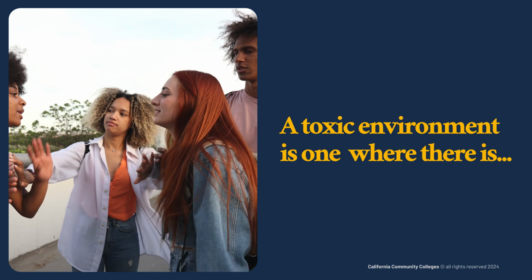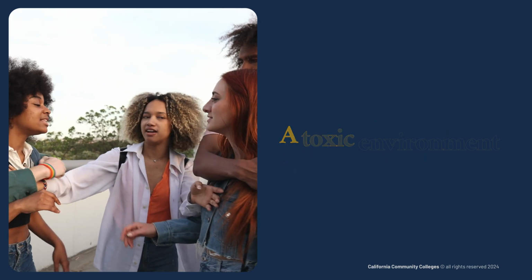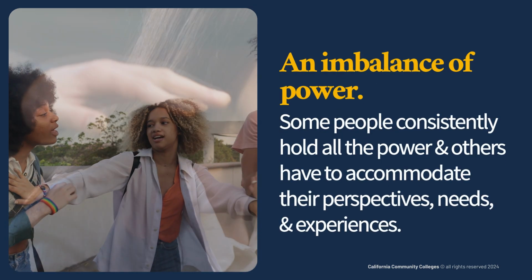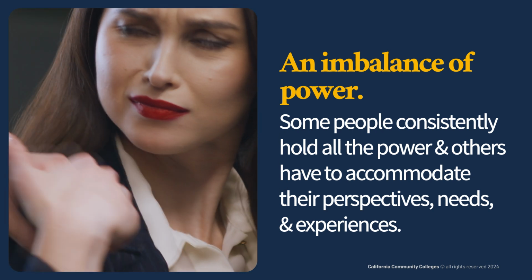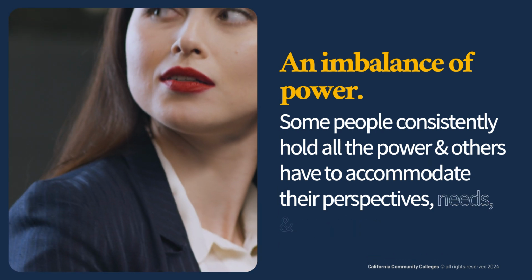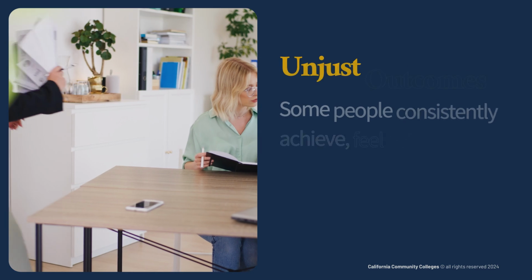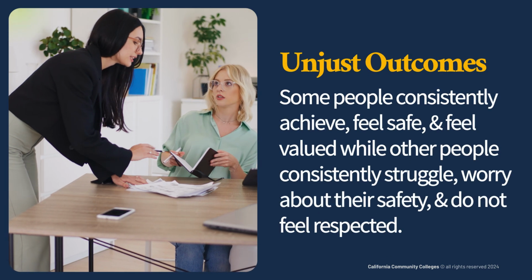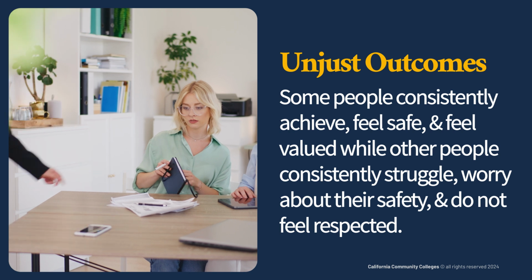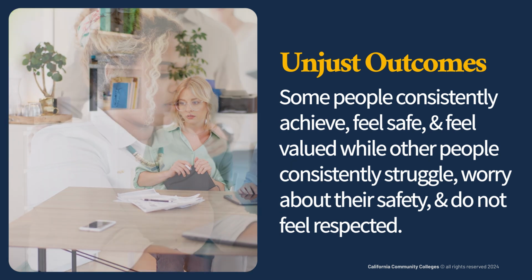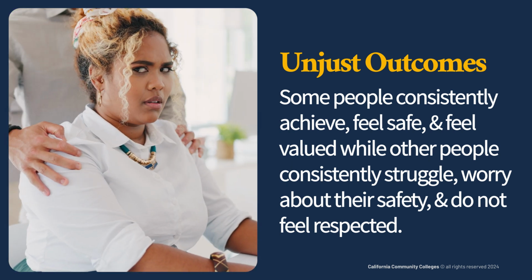A toxic environment is one where there is an imbalance of power. Some people consistently hold all the power, and others have to accommodate their perspectives, needs, and experiences. In a toxic environment, there's unjust outcomes. Some people consistently achieve, feel safe, and feel valued, while other people consistently struggle, worry about their safety, and do not feel respected.